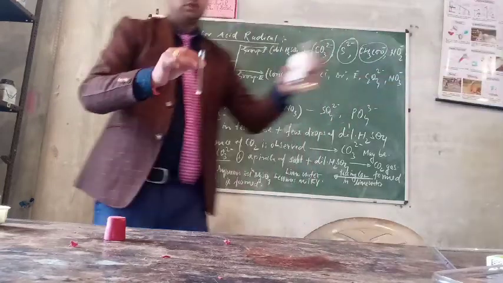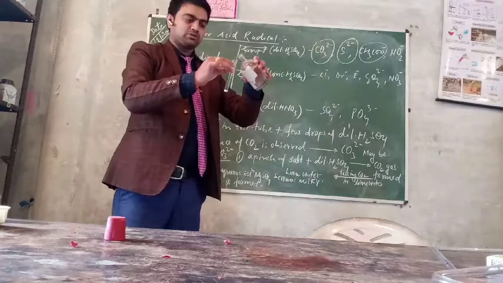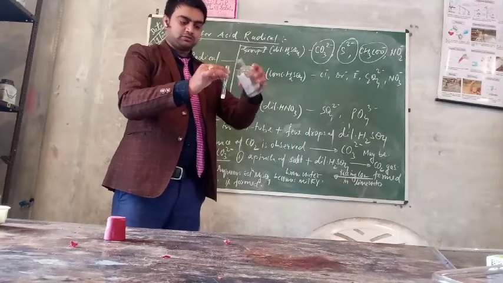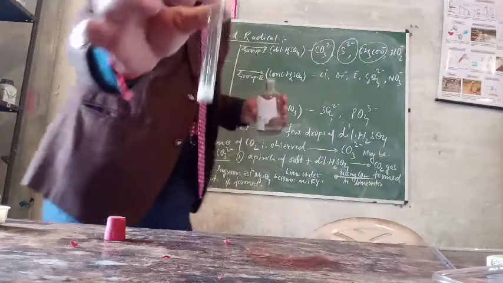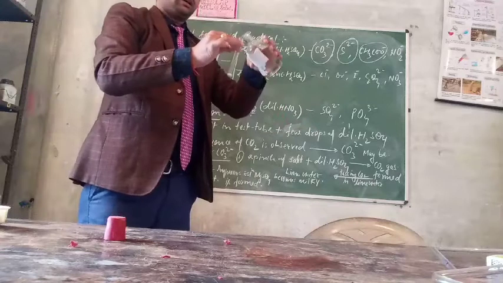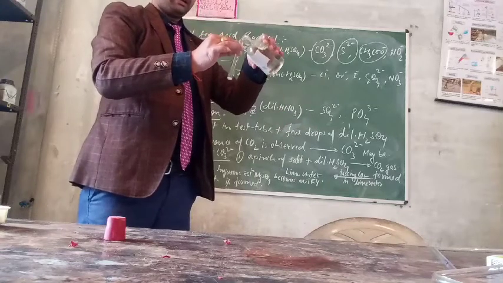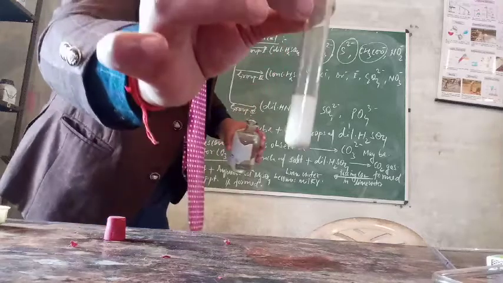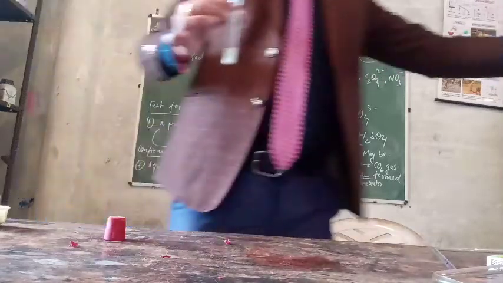Clear? So when we add the dilute H2SO4 to the salt, the gas will produce. You can see this gas is produced here, and this gas is the carbon dioxide gas. Once again, like this. Clear?